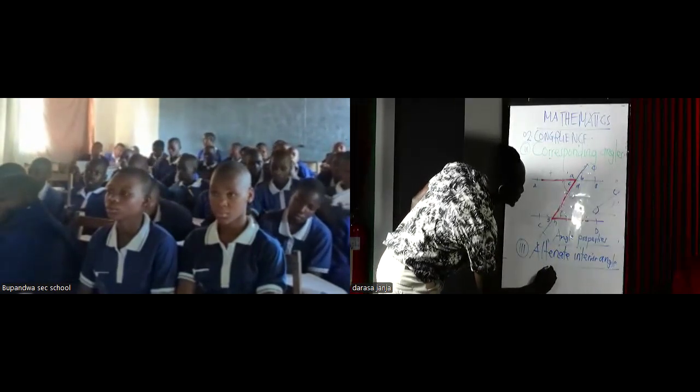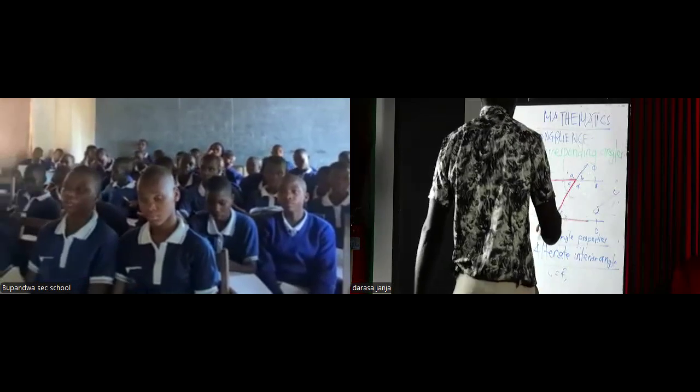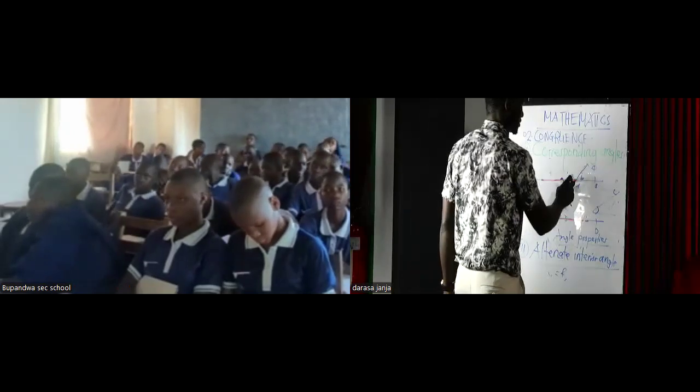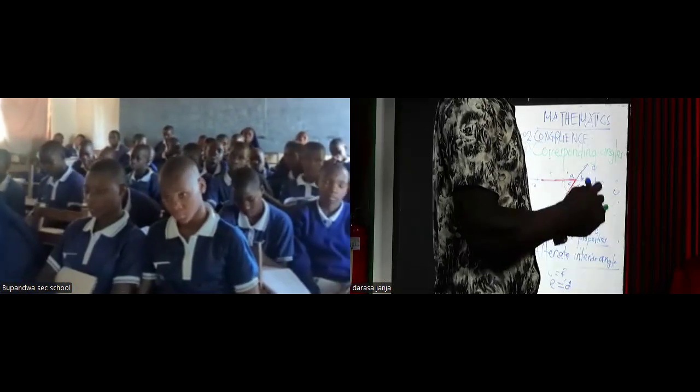So we're saying that angle C equals angle F. Again, the angles which are outside of this Z, this is D and this is E. Also, they are called alternate interior angles. So here also I have D equal to E. That is another alternate interior angle.